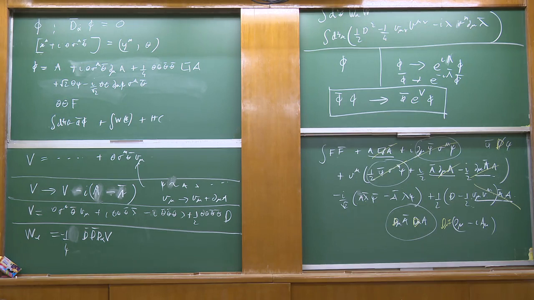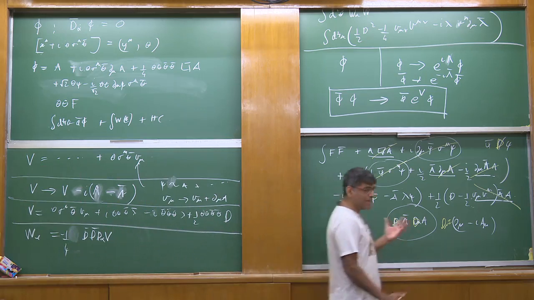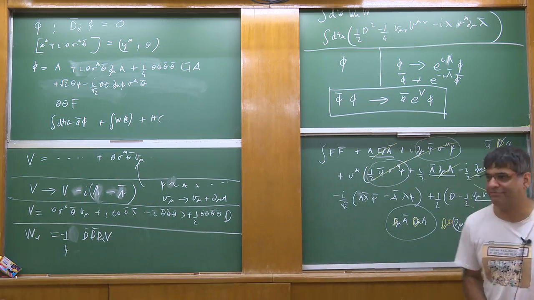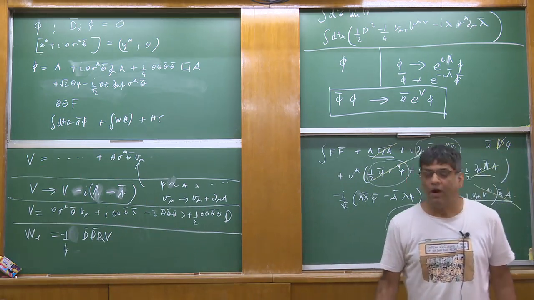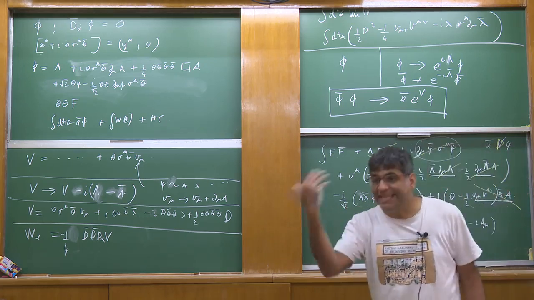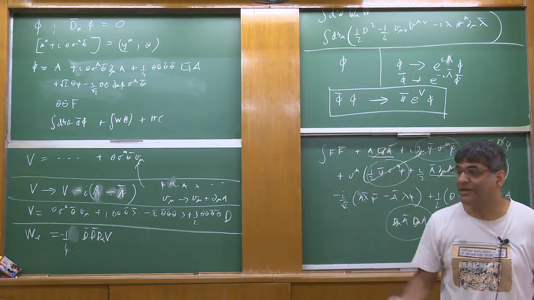Okay, now some terminology. F and D are the symbols that are always used for these two auxiliary fields. A potential that comes about because we integrate out the D in the supermultiplet is called a D term potential.